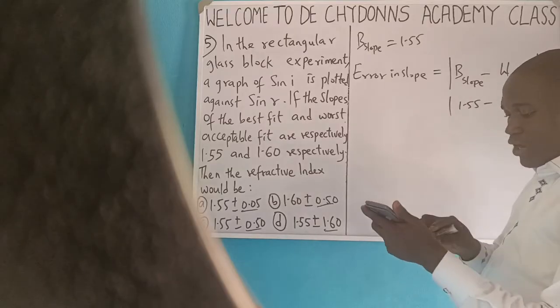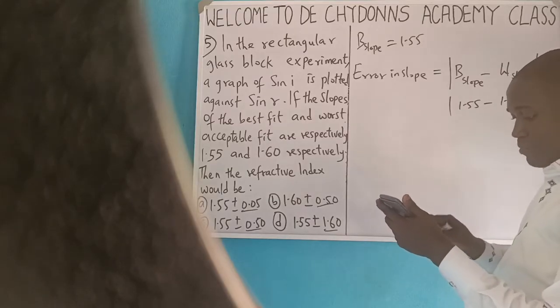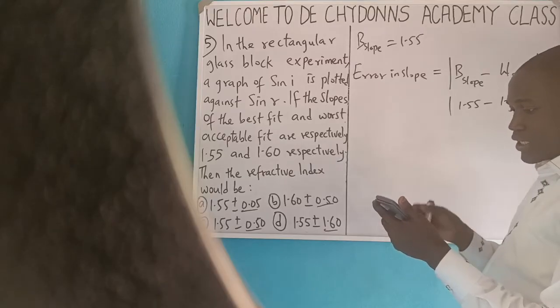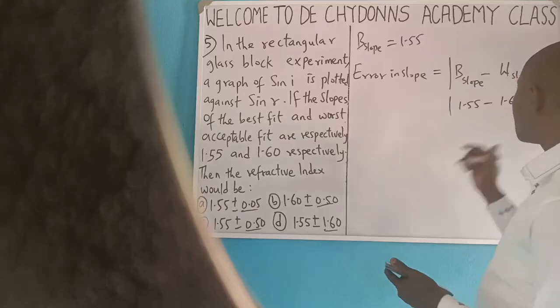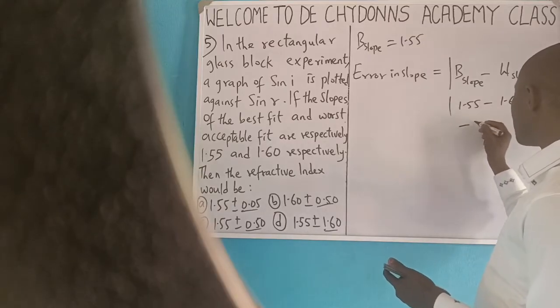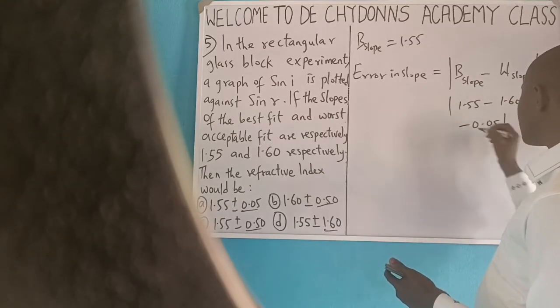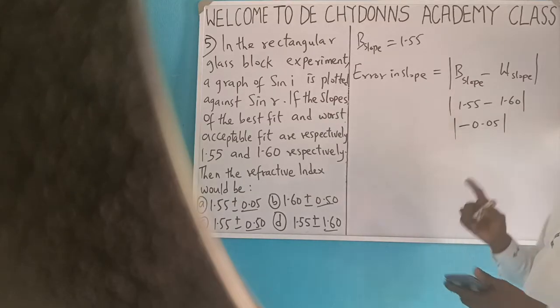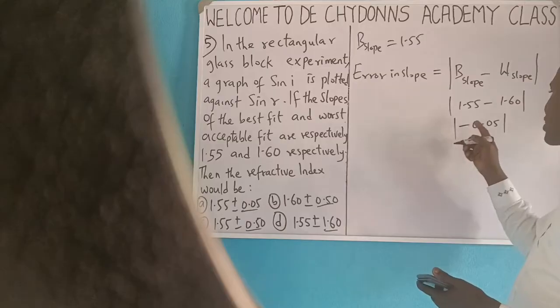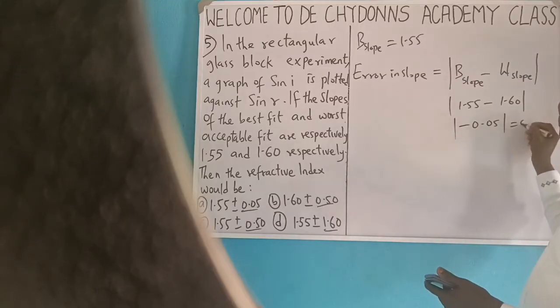So you use your calculator. 1.55 minus 1.6 will give you minus 0.05. Now, modulus of minus 0.05 means forget about the minus and write 0.05 as the answer.